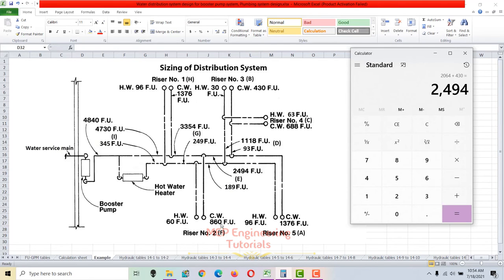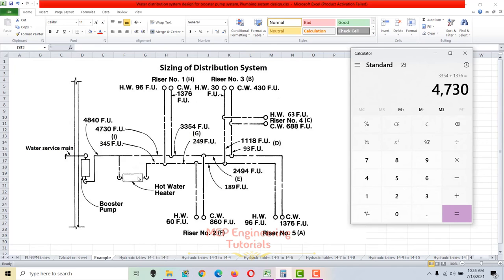And then we have to add cold water 860 here, 860 plus 2494, that is 3354. So we have 3354 cold water fixture units at this point. Now the last one is riser 1, that is 1376 fixture units plus 1376. So total cold water supply fixture units are 4730 fixture units, you can see here up till this point.